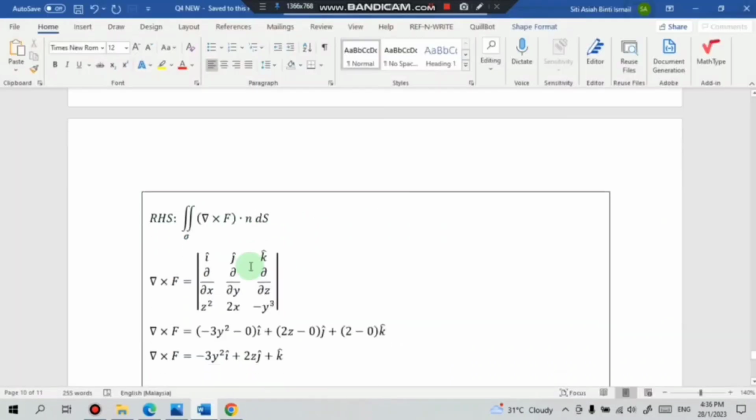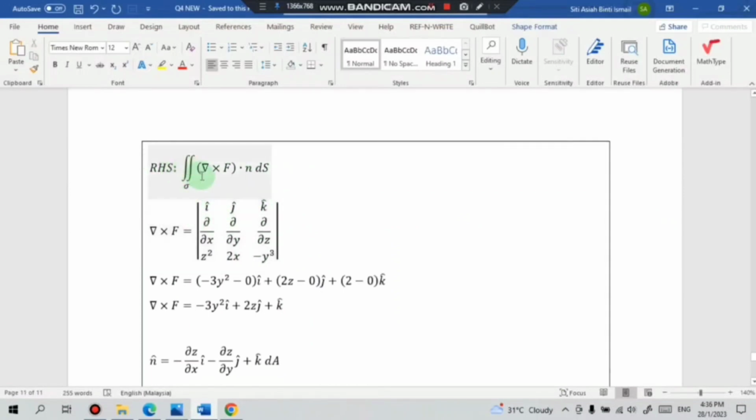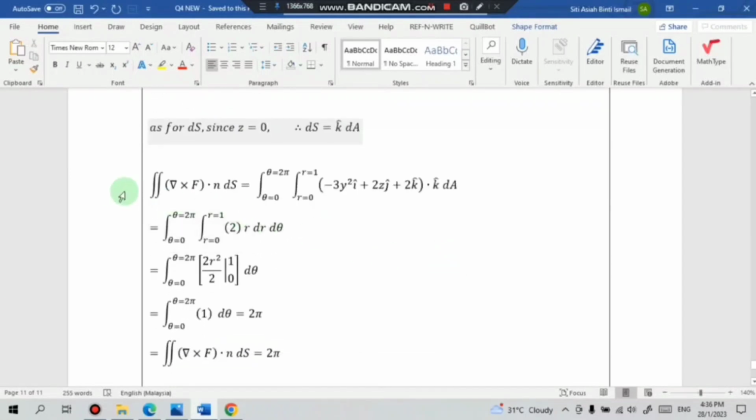Now for the right hand side, we will be using the formula of the double integral of curl of f times normal vector dS. From the formula, we substitute the curl of f with its value, which is k, and we get only the double integral of 2r dr d theta.